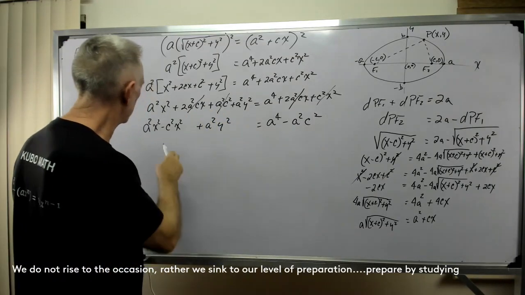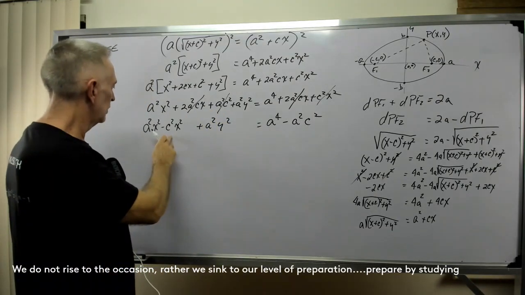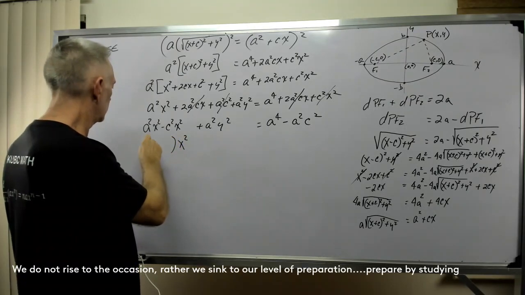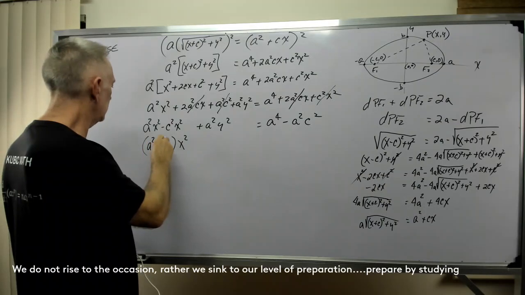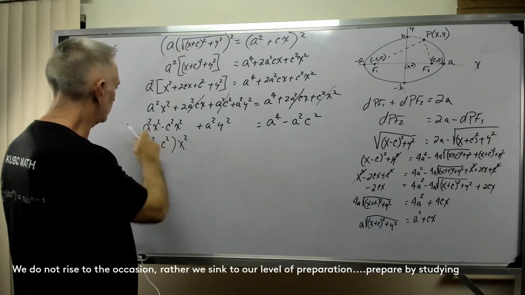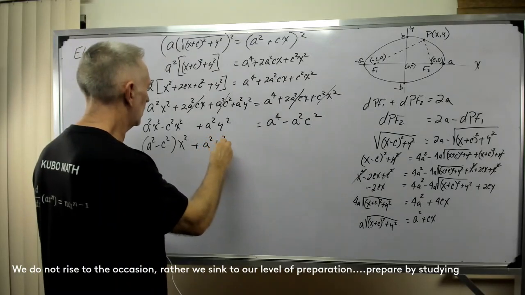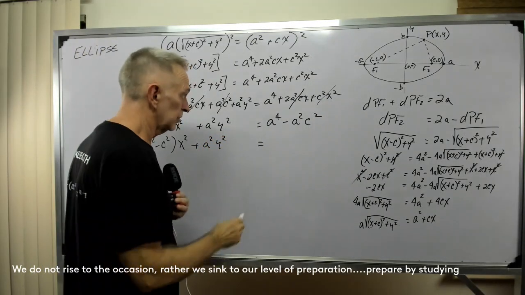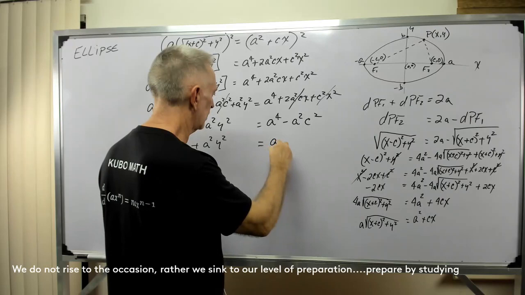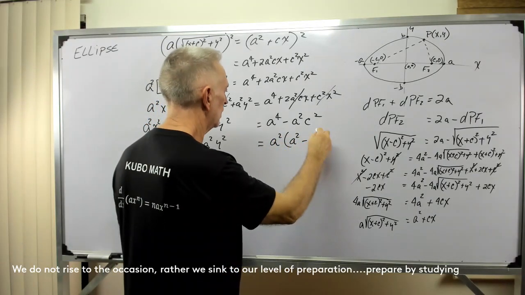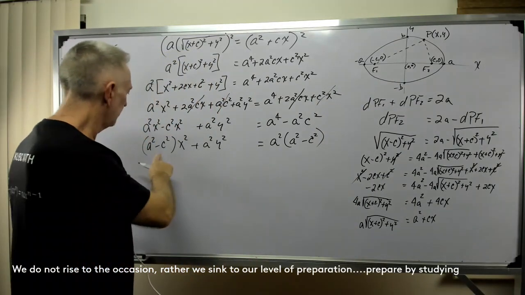All right, now then, let's factor out of this the x squared. So I have a squared minus c squared times x squared plus a squared y squared, and that equals, I'll factor an a squared out of this, a squared minus c squared. Whoa, now it's shaping up.